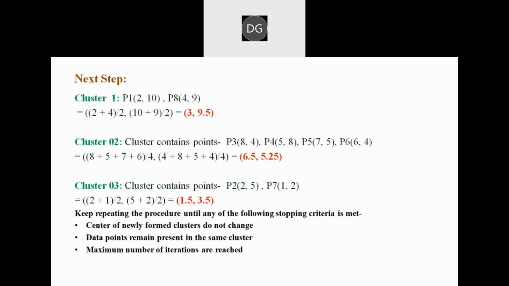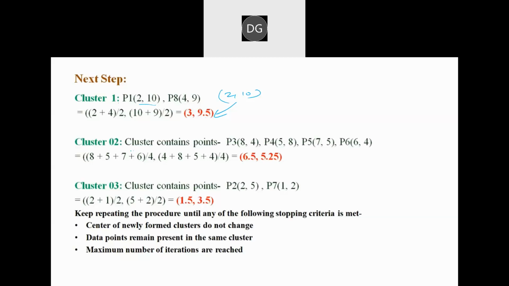Okay, for cluster 1 now point has been changed. Previously we had 2 comma 10. Now it has been changed to 3 comma 9.5. Okay, see slight change only. 2 become 3 increased, 10 become 9.5 decreased. Okay, and for cluster 2 now this time only 4 value.